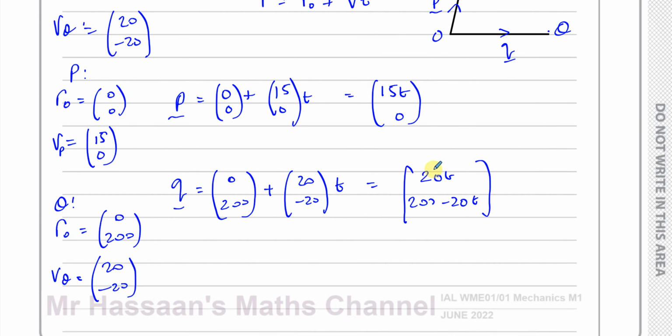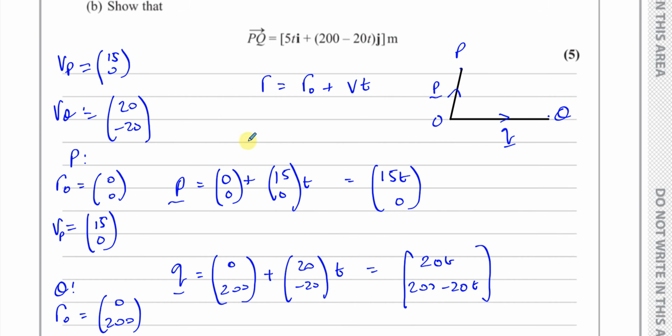What we have to find is the vector from P to Q, which is the vector from there to there.